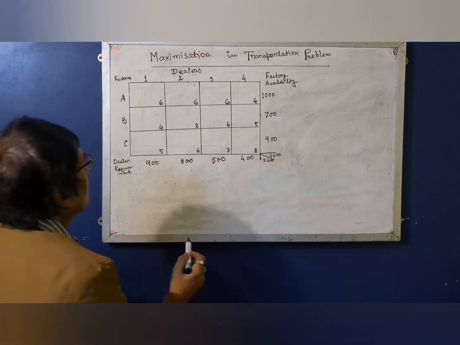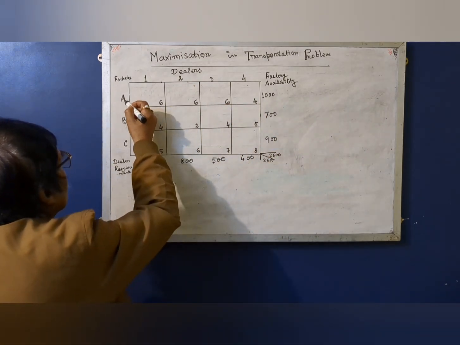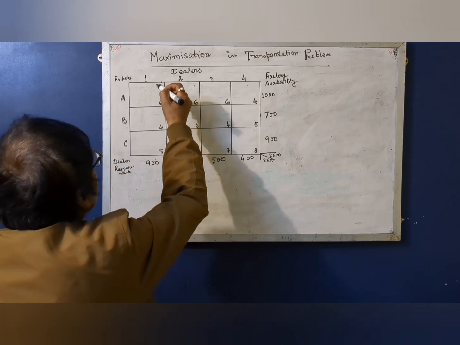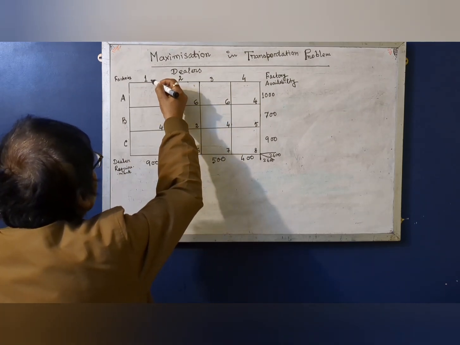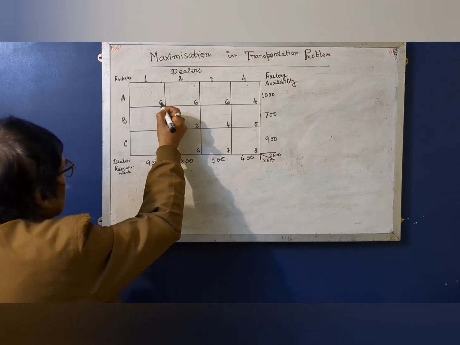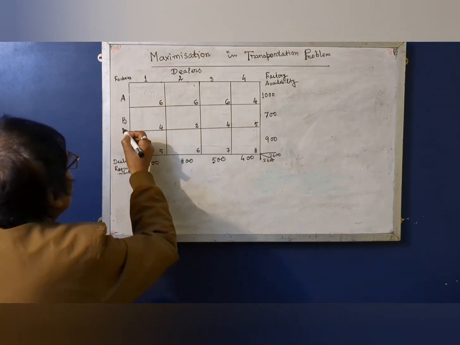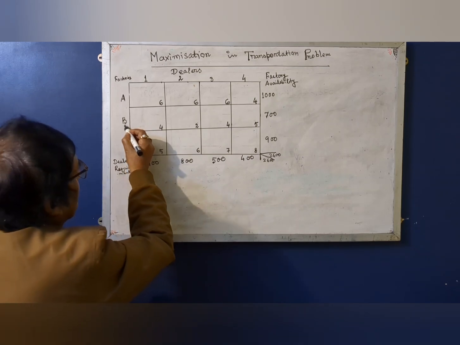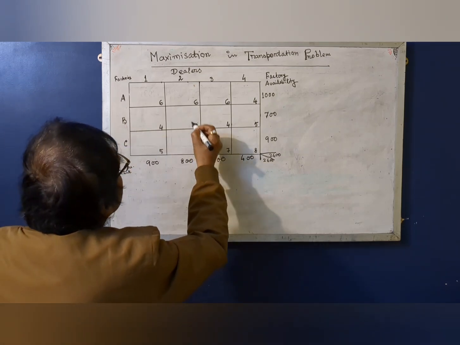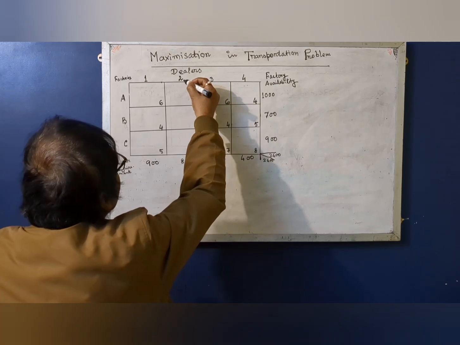Now, instead of cost, here the profit data are given. That means if you produce the product in this production center and ship it to this dealer or marketplace and sell in the market, you will get a profit per unit of rupees 6 in this way. Suppose you are producing the product in factory B and shipping to marketplace 2 and selling in the market.